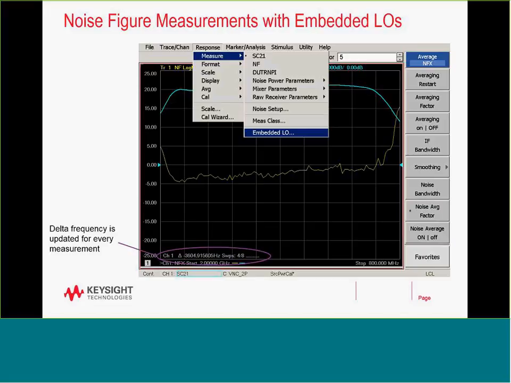With embedded LO, the PNA actually determines the LO of your device by full subtraction math, and is able to set its input and output frequencies to match the LO of your converter. That way, you get a lot flatter gain and noise figure measurements across frequency.